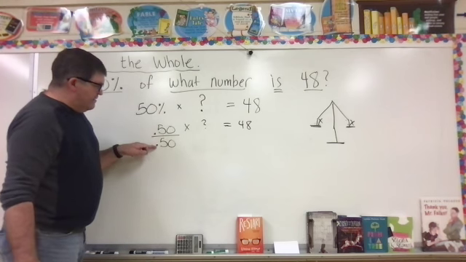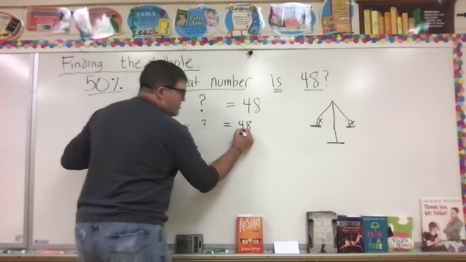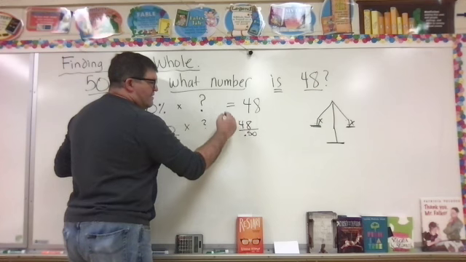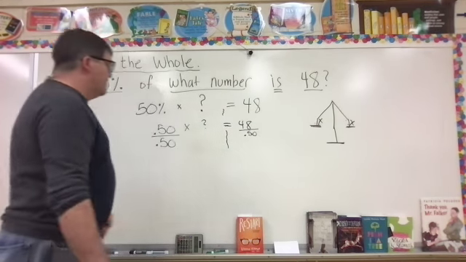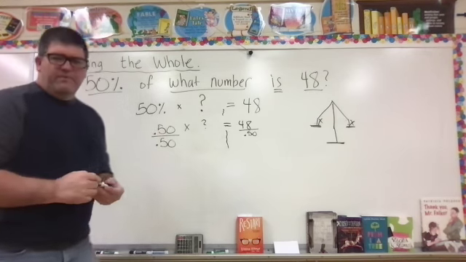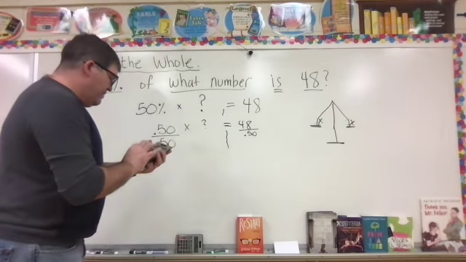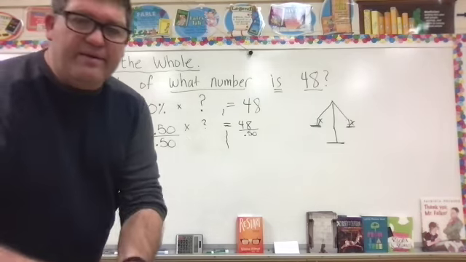But if I do it to this side, I have to do the same thing to this side. This equal is the great equalizer of the two sides. Okay, so 0.50 divided by 0.50 equals 1.